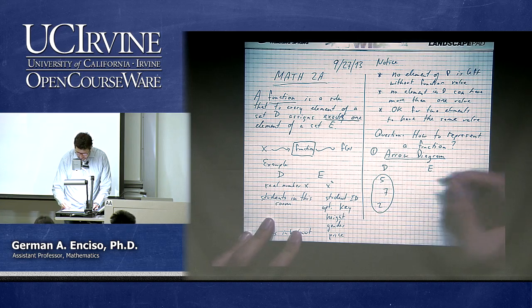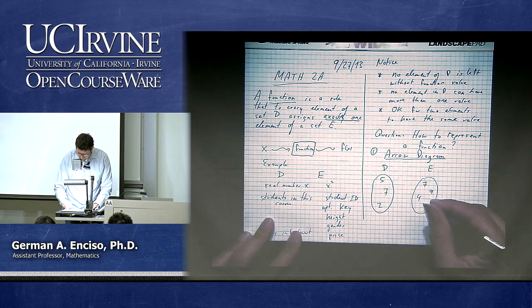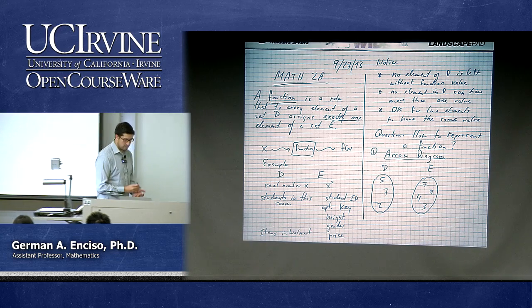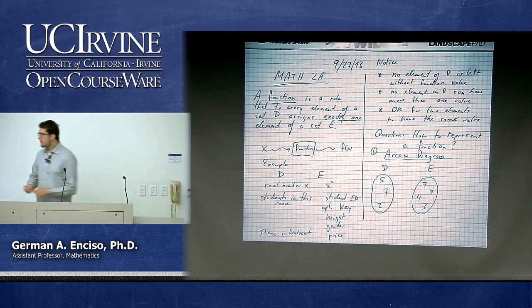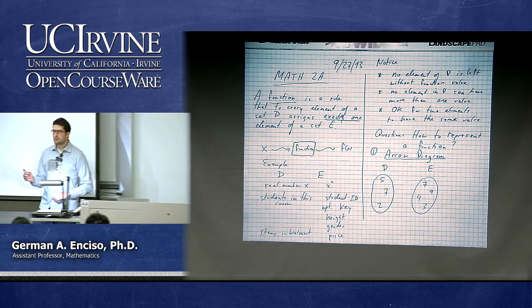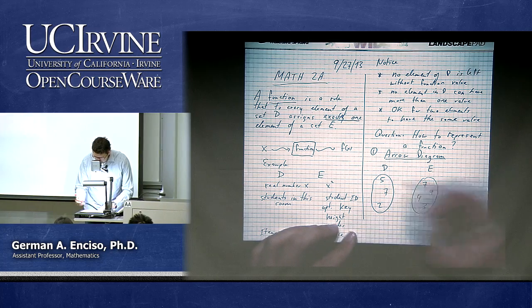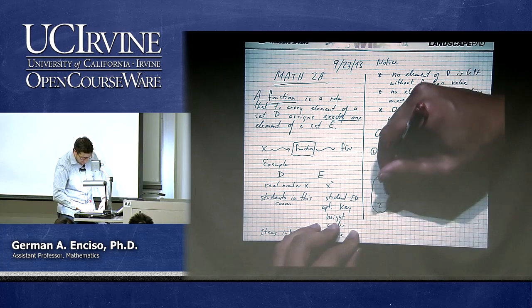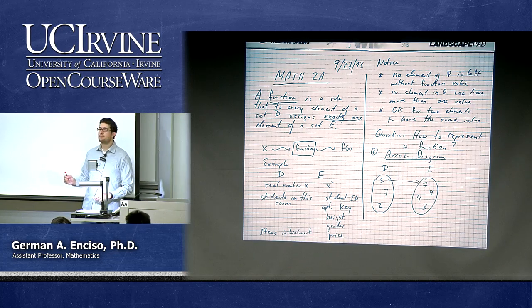Okay? And we're going to put the elements of the set E in another bag. For example, 7, 9, 4, 3. And now we're going to have an arrow. That's why it's called an arrow diagram, right? So arrow that assigns to every element in D an element in E.